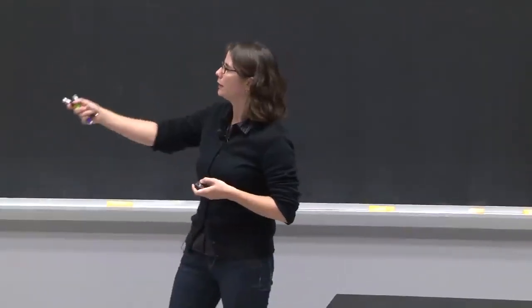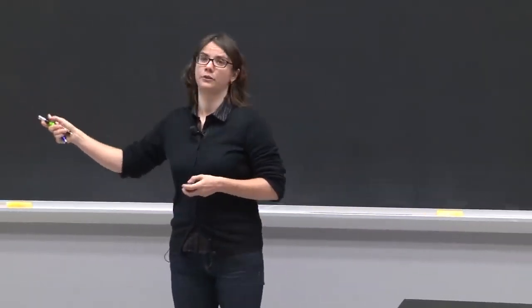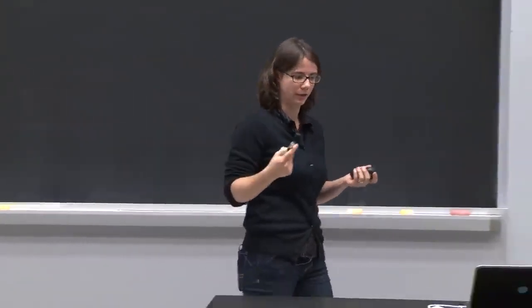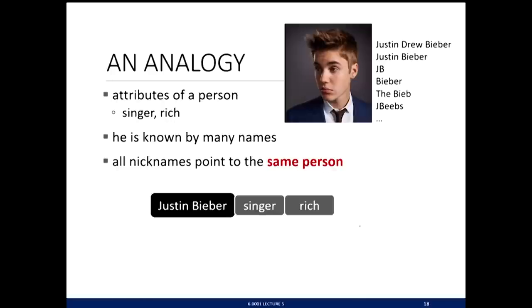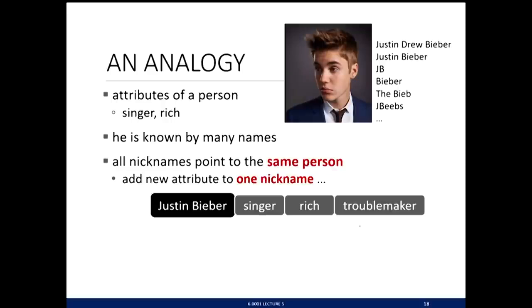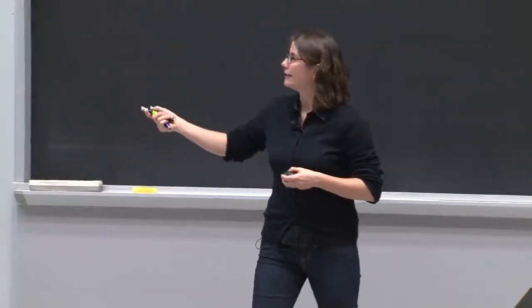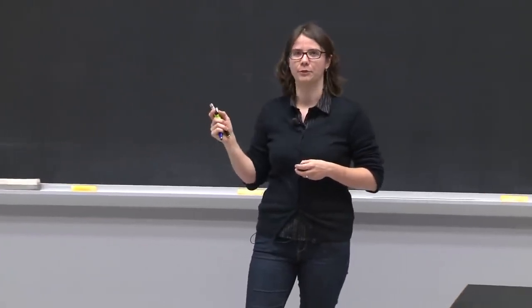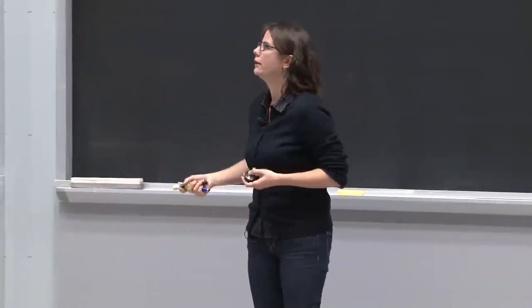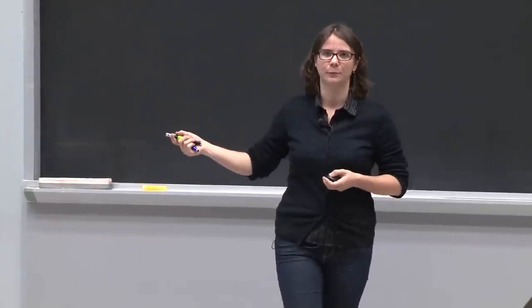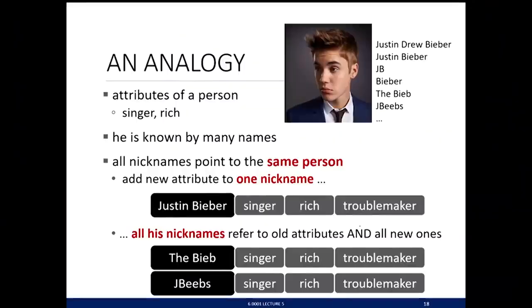Originally, let's say I say Justin Bieber is a singer and rich. Those are the 2 attributes I've originally assigned to him. And then let's say I want to assign a different attribute to him and say Justin Bieber is a singer, rich, and a troublemaker. I'm being kind here. So if I say Justin Bieber has these 3 attributes, it's the same person I'm referring to, so all of his nicknames are going to refer to this exact same person object with these changed attributes.